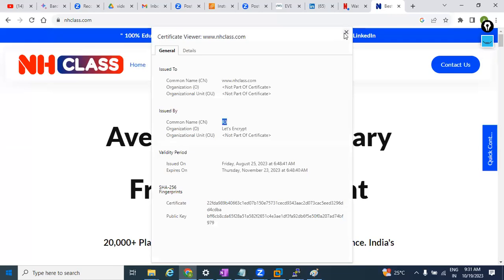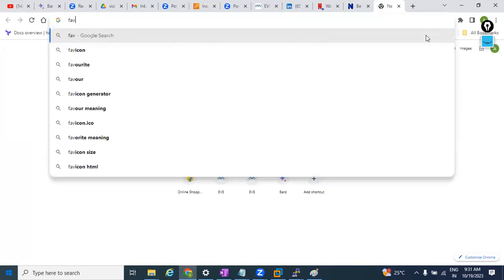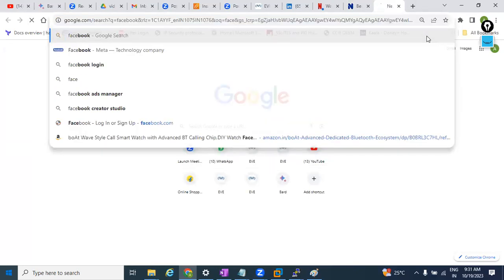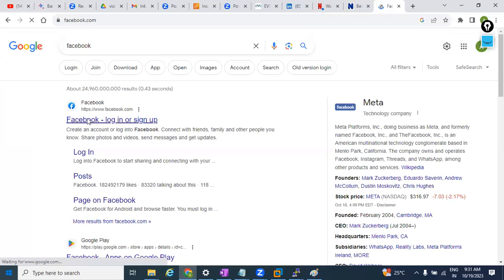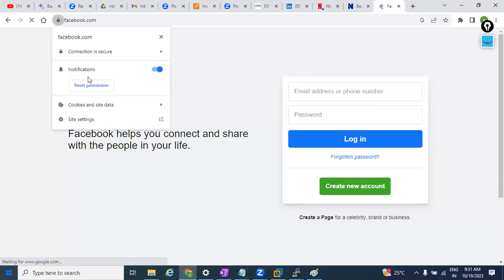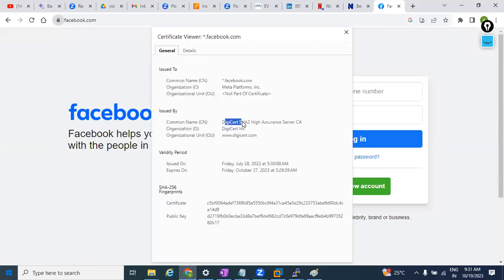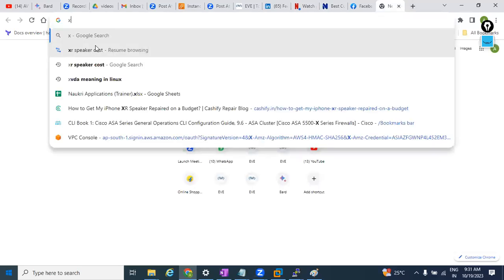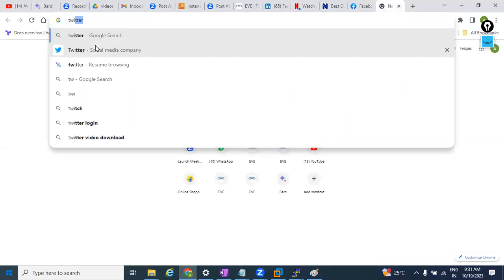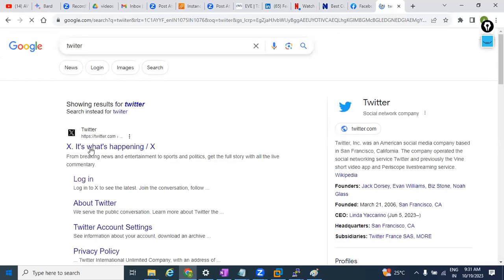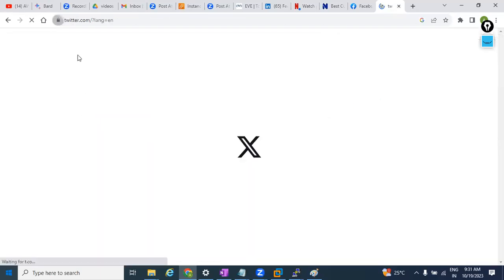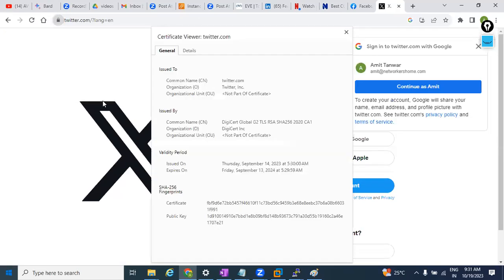Okay. After that, any other websites? Let's consider Facebook. Connection is secure, certificate again. So most of time, which one is there? DGCRT. Any other website? I'll get into the X. Now, connection is secure, certificate, again DGCRT.